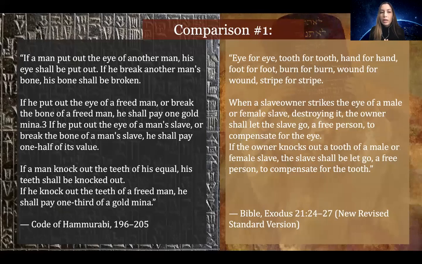Why do we know that it's not literal, if somebody strikes your eye, you should strike back his eye? Why do we know that's not literal? Because not every crime is physical. Like it could also be things like if they steal from you, you have to take the money back.